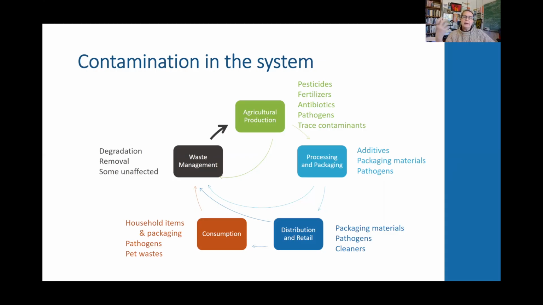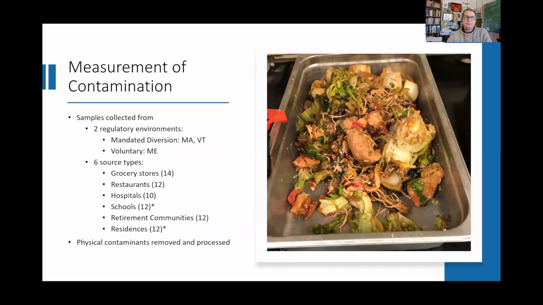And finally, at the waste management step, some of the contaminants that have been introduced may be degraded or removed physically from the system before it's actually composted or anaerobically digested, which can reduce the amount of contamination that would be associated with materials that go back to the agricultural system. However, some materials simply are unaffected by the treatment.